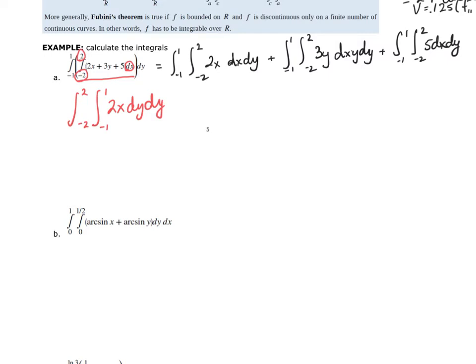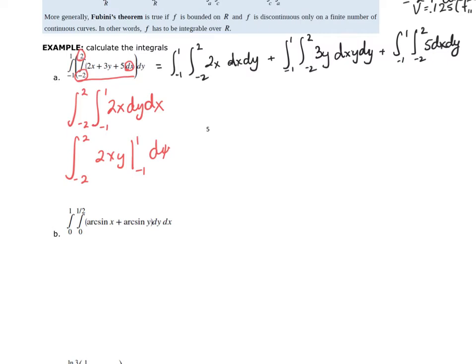With respect to y, that's just a constant. So this is going to be the integral from -2 to 2 of 2xy, where y gets evaluated from -1 to 1, and then dx.